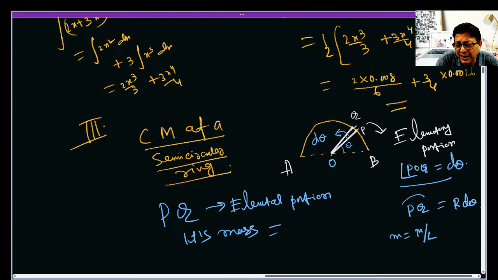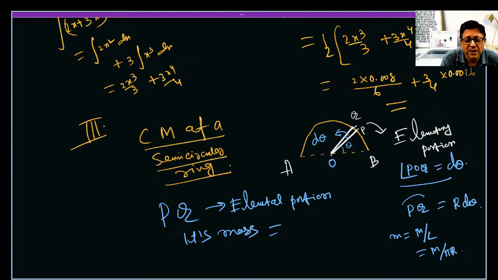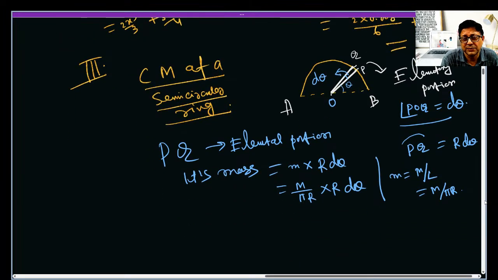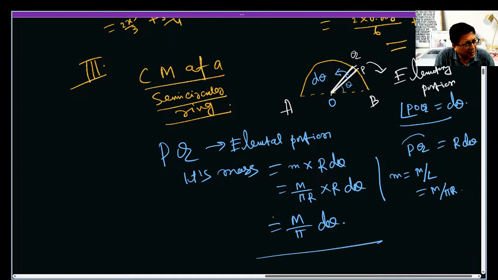M by L. L is what? Pi R. Isn't it? So mass is going to be small m into the PQ length R d theta. This is mass per unit length, and we are multiplying with the length. So m by pi r into r d theta. So what will happen? It is m by pi d theta. Clear? Understood?